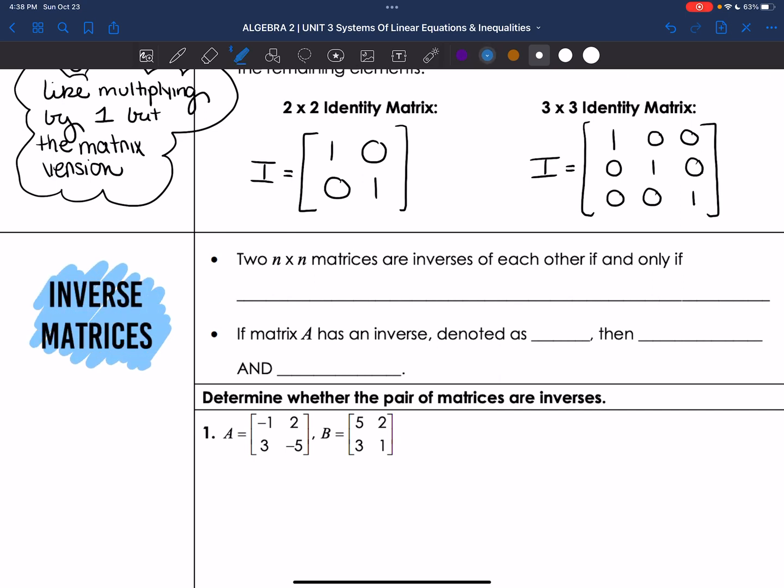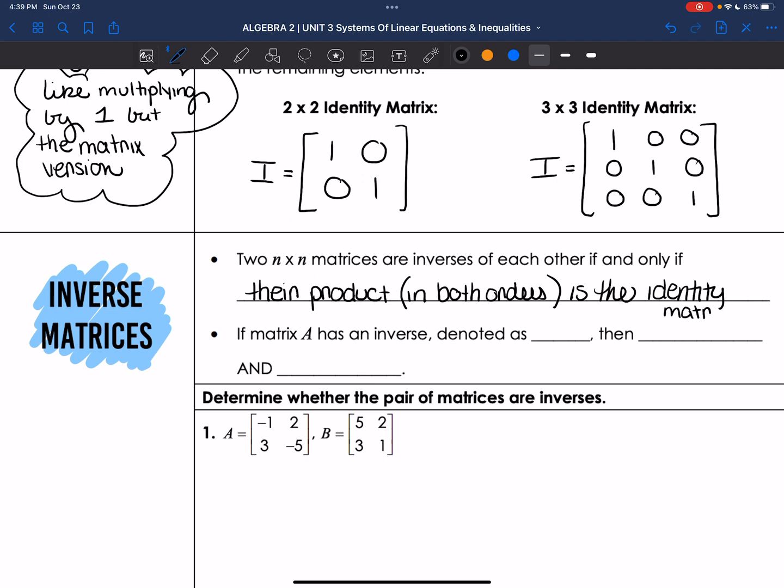Two matrices that are n by n in dimension are inverses of each other if and only if their product in both orders, meaning whichever way you multiply A and then B or B and then A, either way, we want it to be the identity matrix.